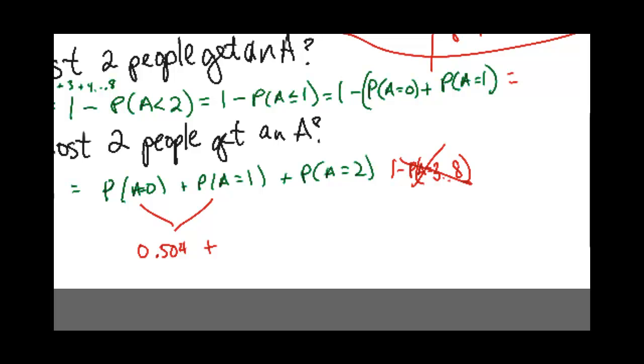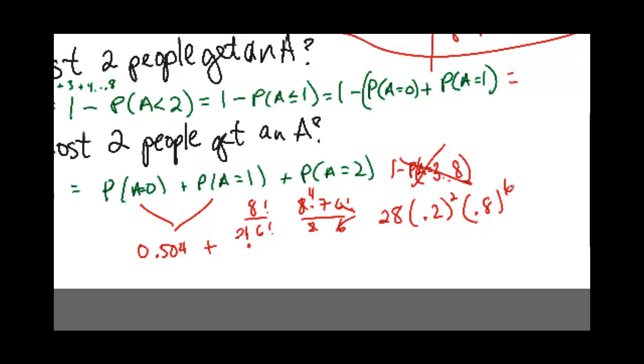So if I do 2, that would be 8 factorial over 2 factorial, 6 factorial, which becomes 8 times 7 with the 6 factorials canceling. And 2 factorial is just 2, which cancels, even 4 times 8 being 28 for the coefficient. Times 0.2 raised to 2 people getting an A, and then 0.8 raised to the 6 remaining people not getting an A.